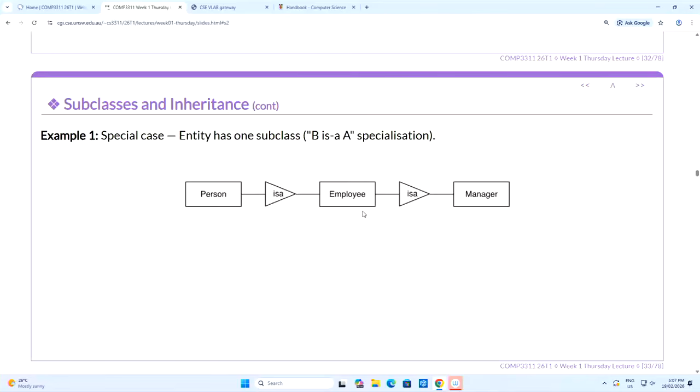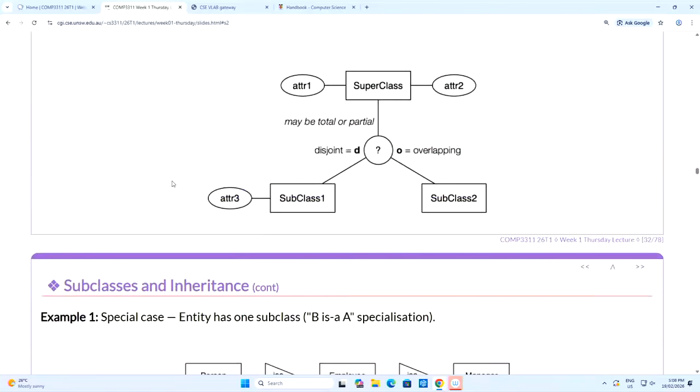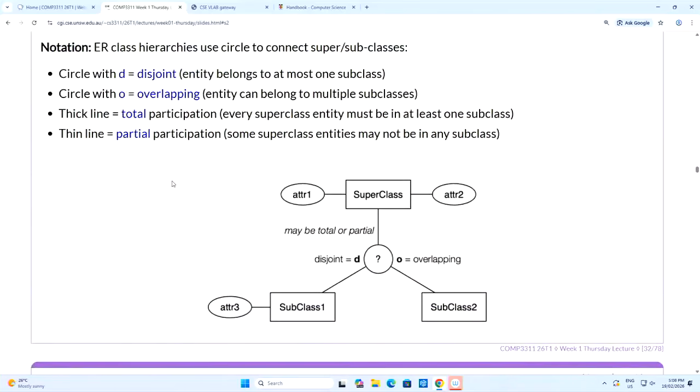Inheritance means that all of the attributes associated with the superclass are inherited by the subclass. It's kind of like C++. If you have the parent object and then the children objects, the children will inherit the attributes of the parents.